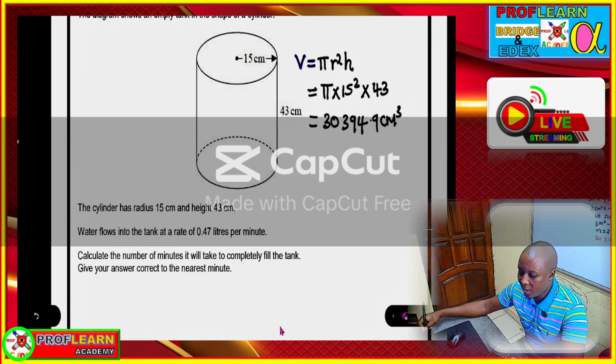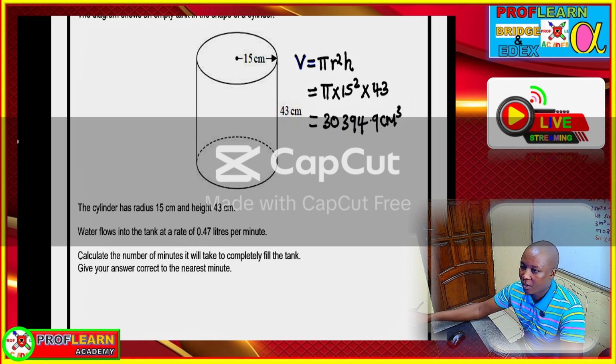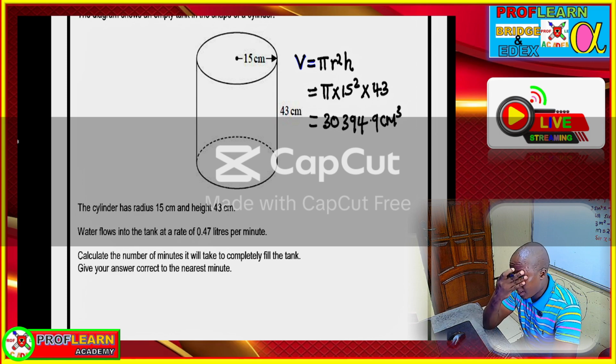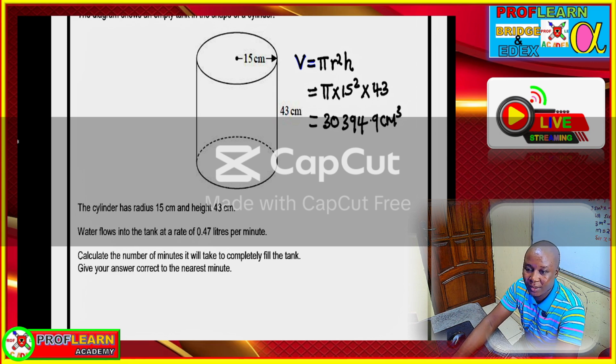But we need to understand what 1 liter is equivalent to, changing volume to the unit for capacity. 1 liter, write in the comment section. 1 liter is equivalent to how many centimeter cubic?